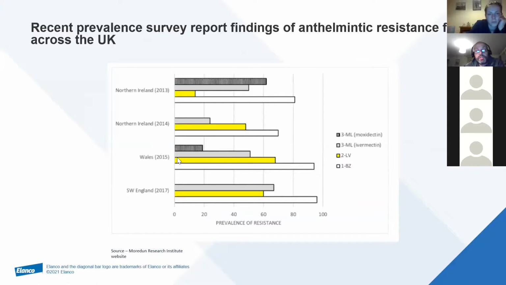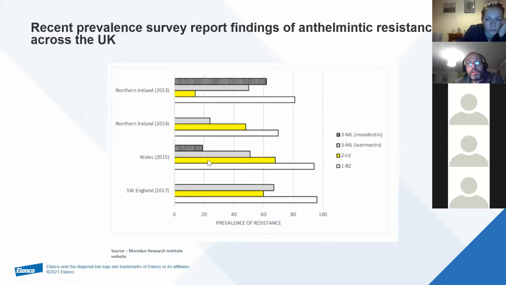The most comprehensive was in Wales, and they found some quite scary numbers. 20% of farms had moxidectin resistance, but over half of them had resistance to 2 or more actives at the same time. So it's definitely out there, and we need to be aware of it.